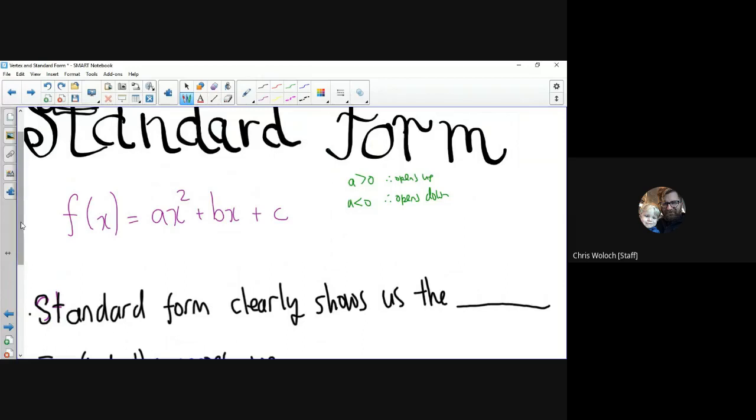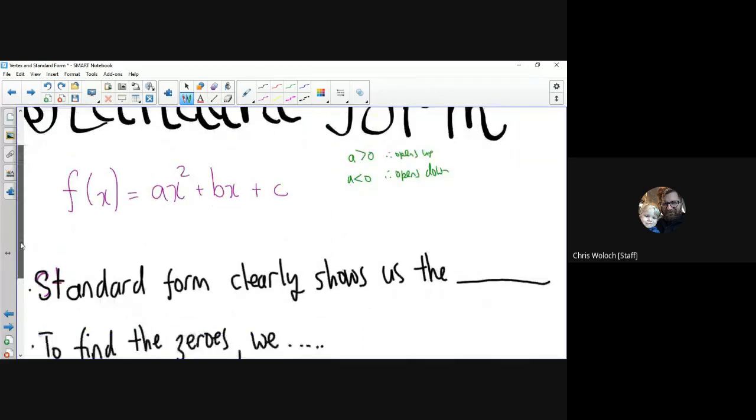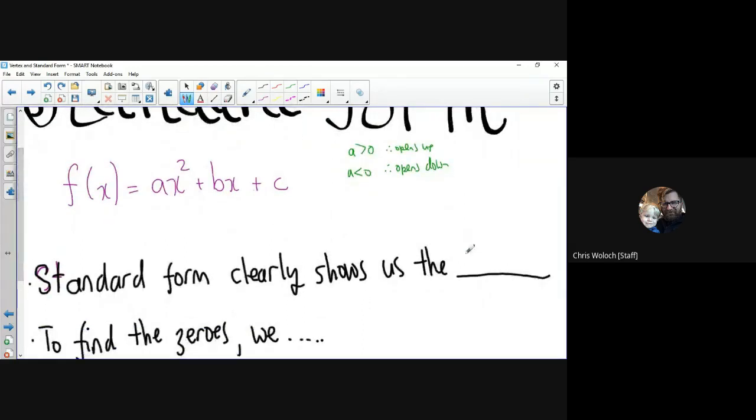The only thing it clearly shows is the y-intercept, and that is this plus c here. Because remember, what's the y-intercept? I set x equal to 0. So if I had y equals a times 0 squared plus b times 0 plus c, then what's left?